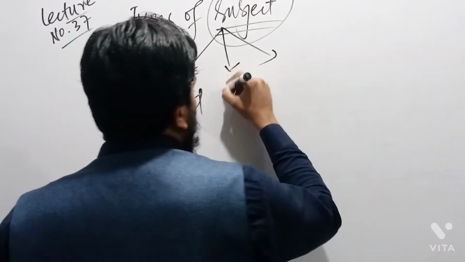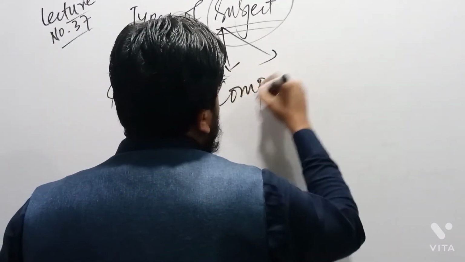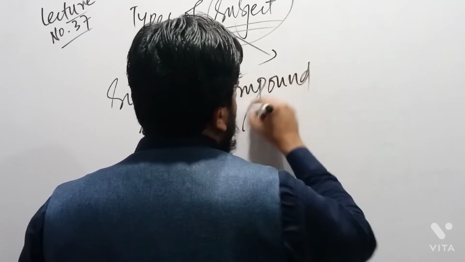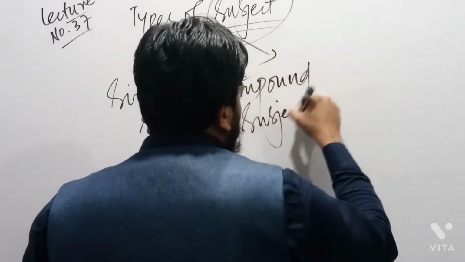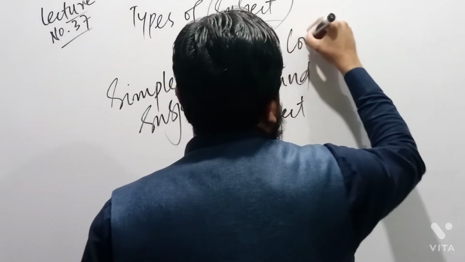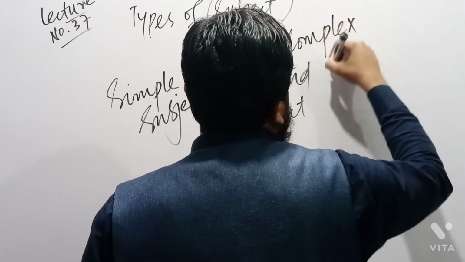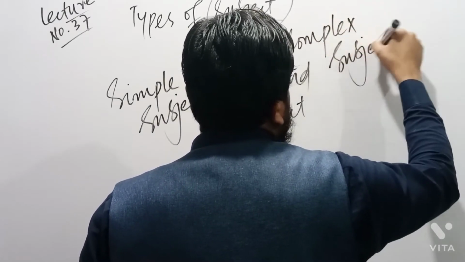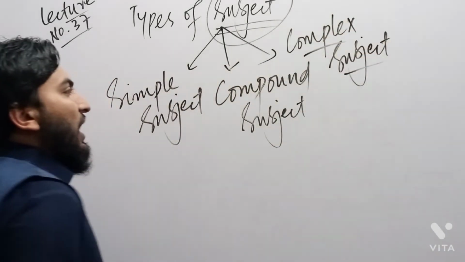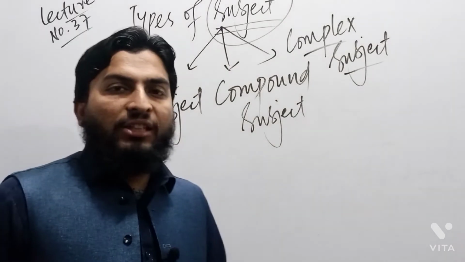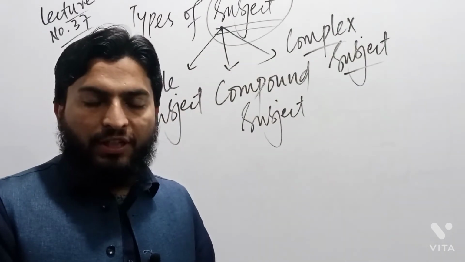The second one is called compound subject. The third one is called complex subject. These three are considered to be the types of subject.